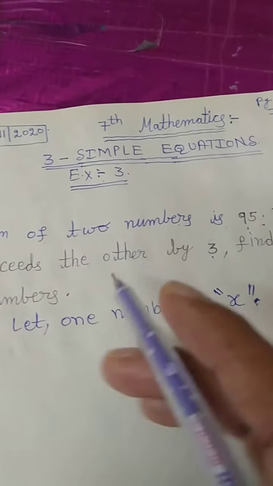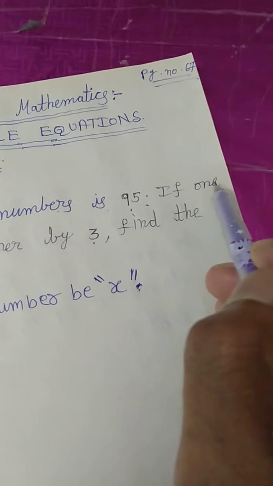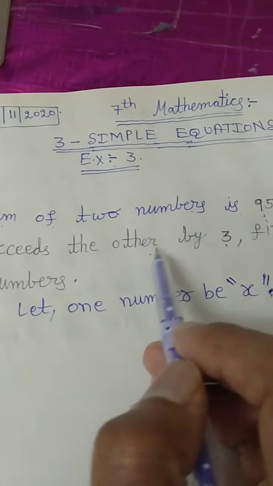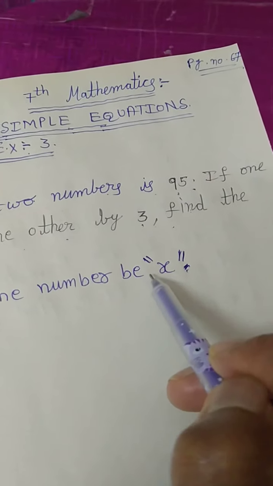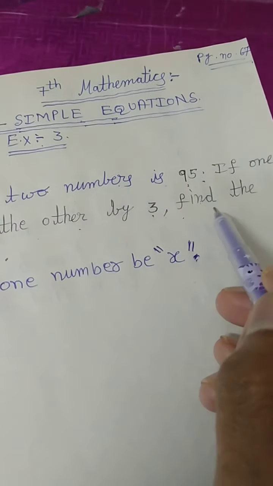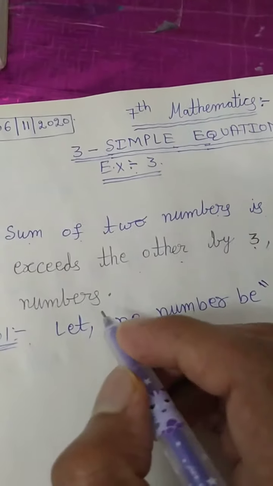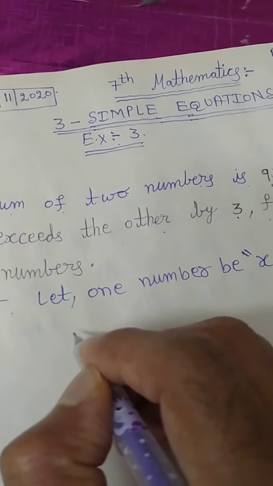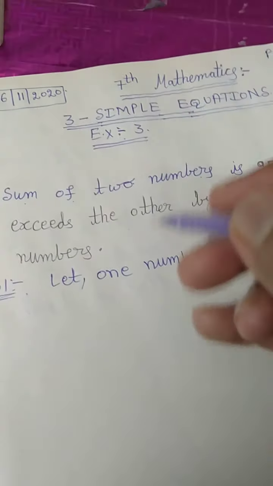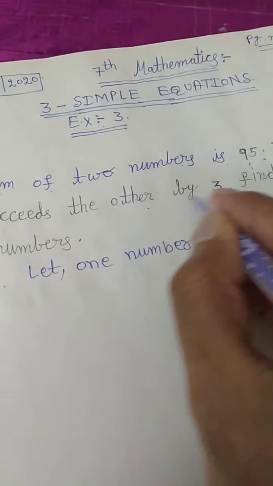So what is the condition? He said if one number exceeds the other by 3. So if this number is exceeding the other by 3, one number is x, and what is the other number? The other number is exceeding by 3.